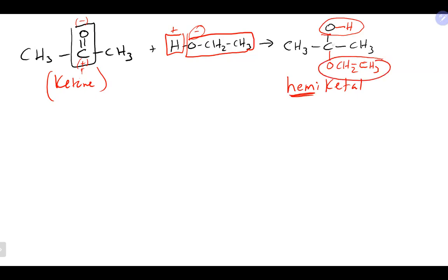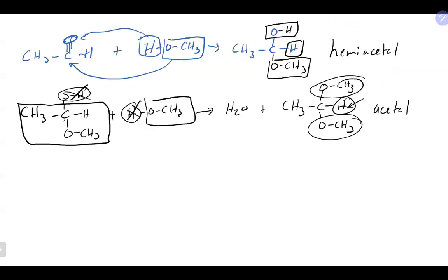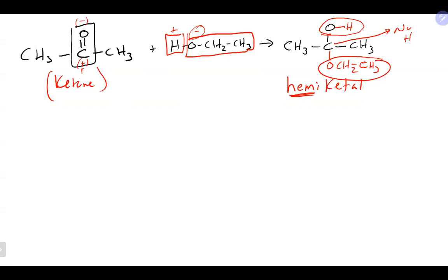And the one thing it does not have that's different is there is no hydrogen here. So unlike what we see with our hemiacetal, where the hydrogen is there, in a hemiketal that starts with a ketone, because we don't have the hydrogen to begin with, it does not come in at the end either.